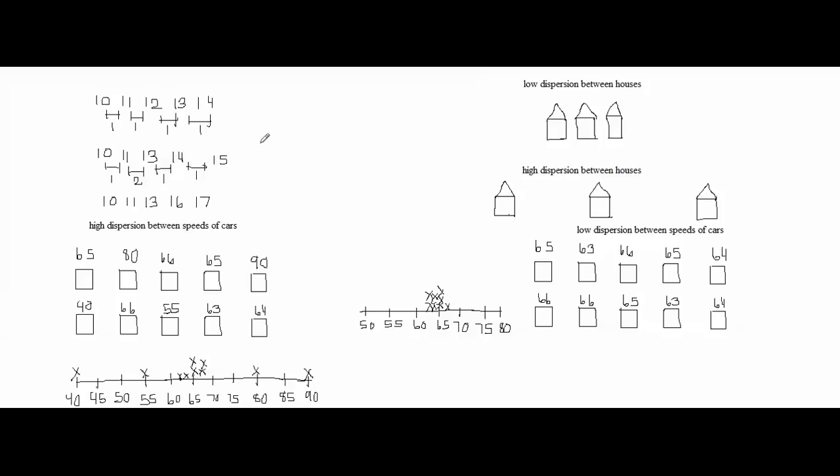Well, the reason why we want to measure spread is because if all we do is calculate a measure of central tendency, such as the mean, that doesn't tell us everything about the data.